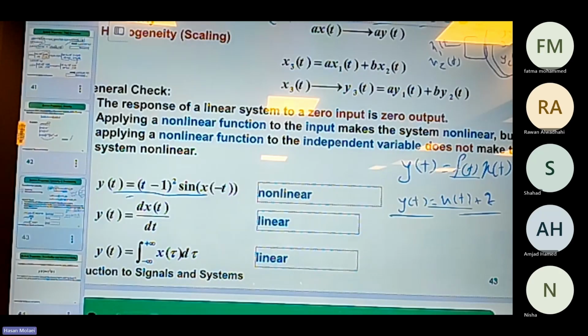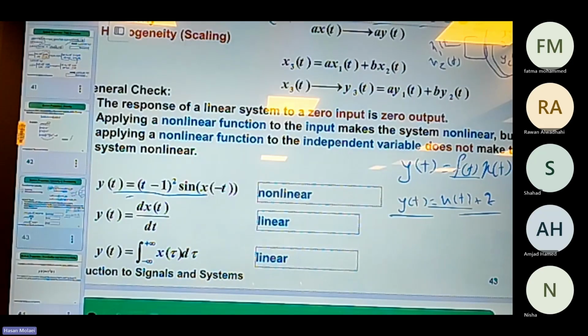I'm asking you. The question is: is it linear or not? Not linear. Why? Because if we multiply the input by 2, would the output be the same?